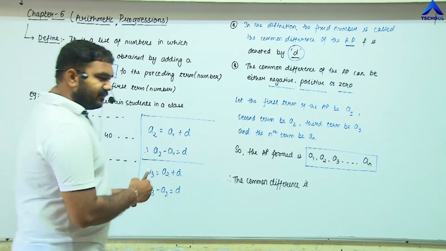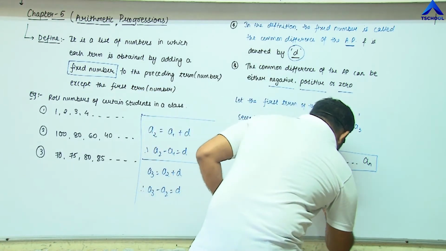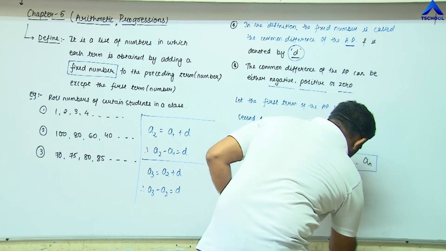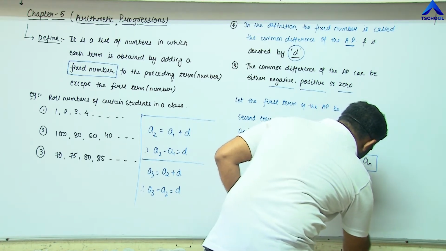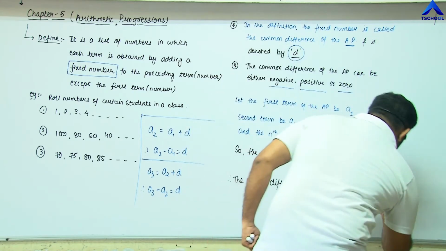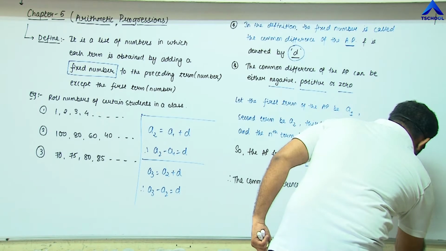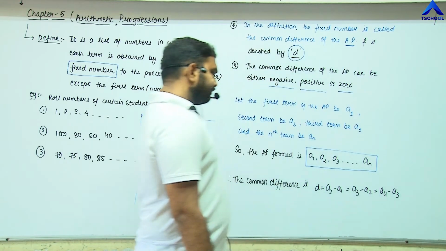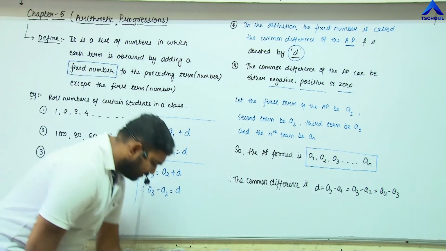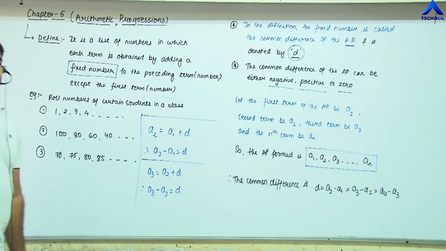Therefore the common difference can generally be written as D is equals to A2 minus A1, or you can also write it as A3 minus A2, or A4 minus A3, right? Is it clear? So that is about the general formula of the common difference.